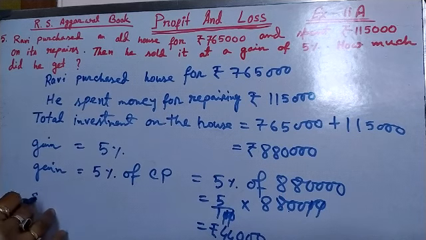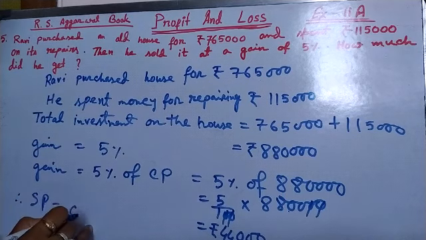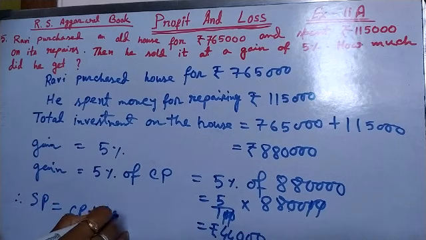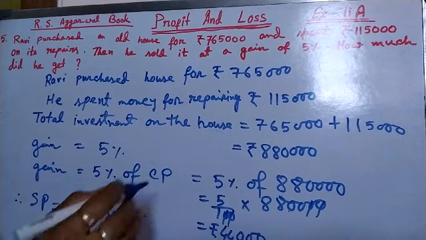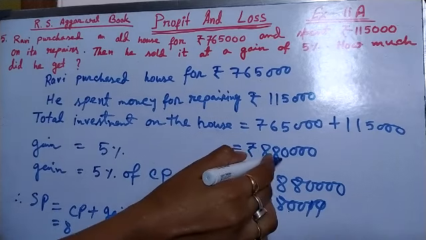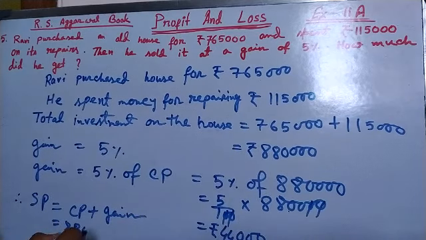Then we will find out SP. SP equal to CP plus gain. Here CP is this money, 8,80,000, plus gain is this one.